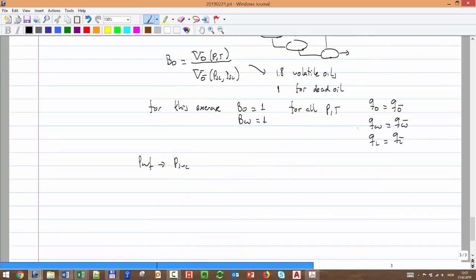Use equation 1, where P1 will be PWF, P2 will be P suction, that's what you want to calculate, and the Q will be the Q of the liquid, because you have to take into account all the liquid that comes in there. Okay?